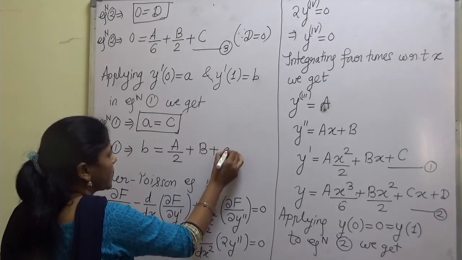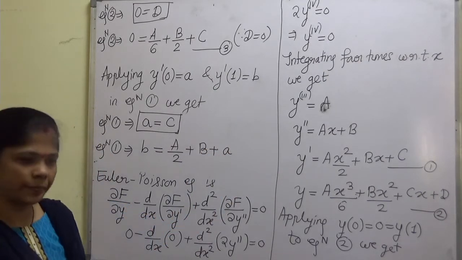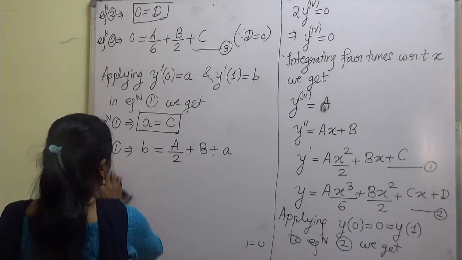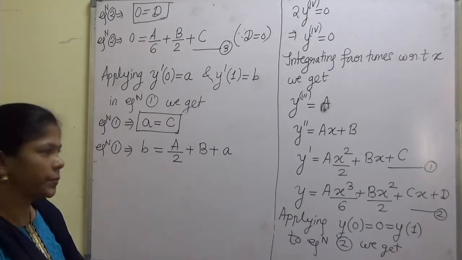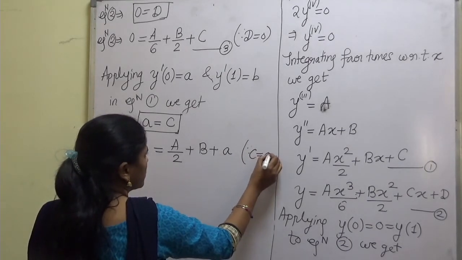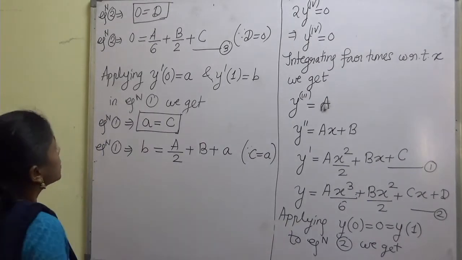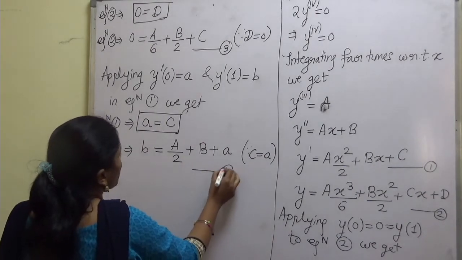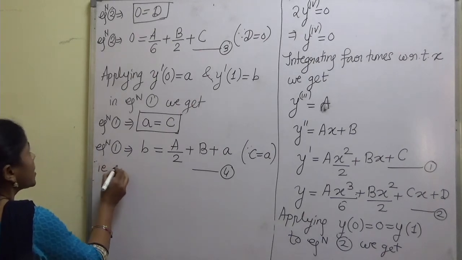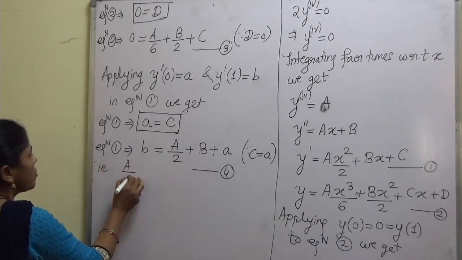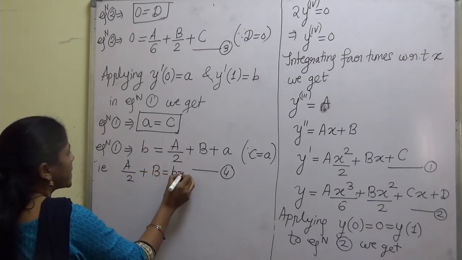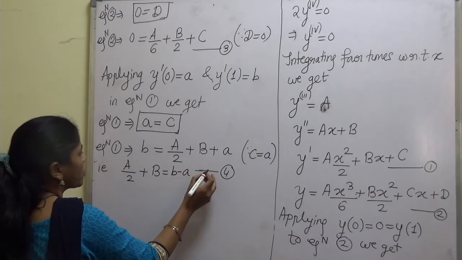Value of c is a, right? So call it as equation number 4. So we can write it as a by 2 plus b equal to b minus a. This is our equation number 4.